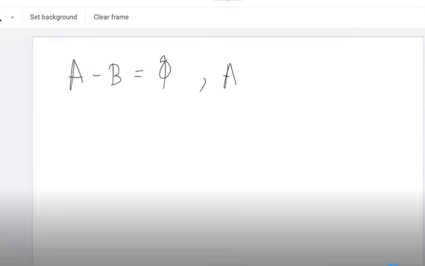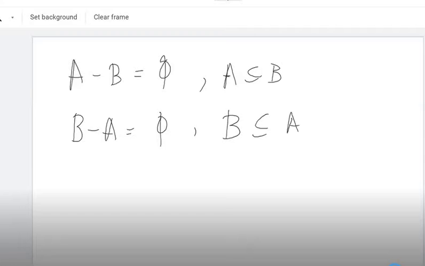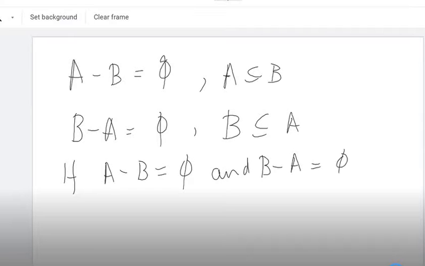And if B minus A is null, B is a subset of A. So if it happens that A minus B is null and B minus A is null, then what can we say? Equal sets. If A minus B is null, A is a subset of B. If B minus A is null, then B is a subset of A. Then we can conclude that A is equal to B.